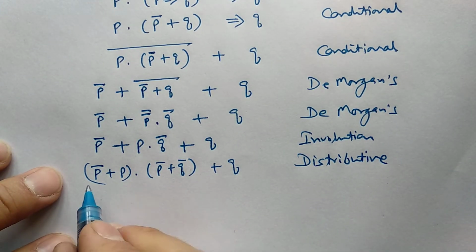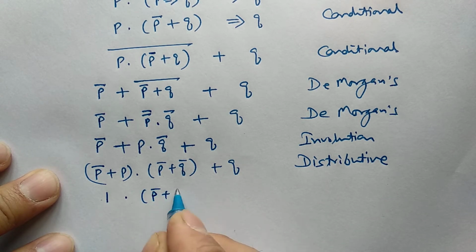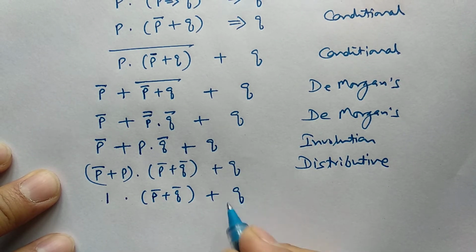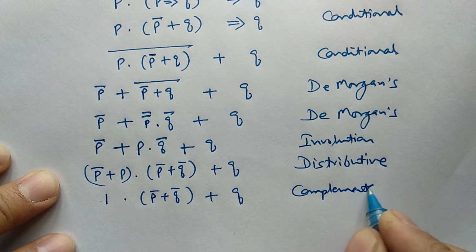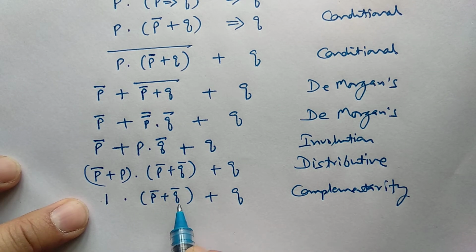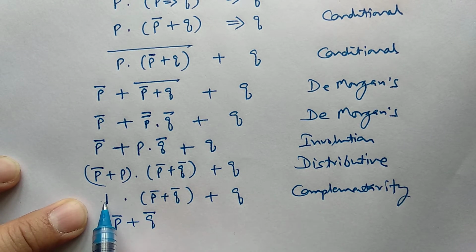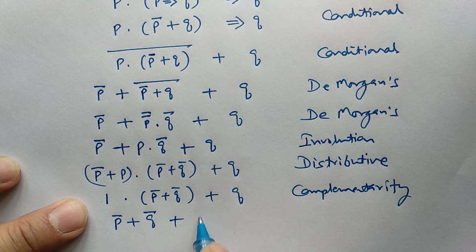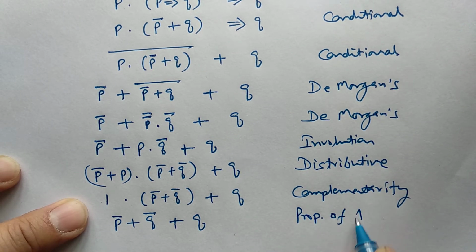Distributive law. P or not P is 1, complementarity. Then not P or not Q or Q. Complementarity: 1 and this term, property of 1, so 1 will be eliminated here. We get not P or Q, since A and 1 is A. So this is the property of 1.